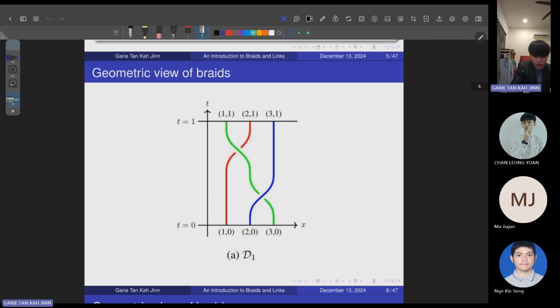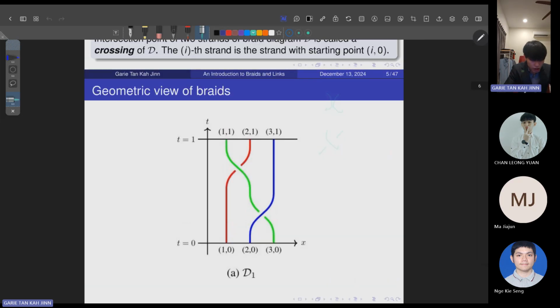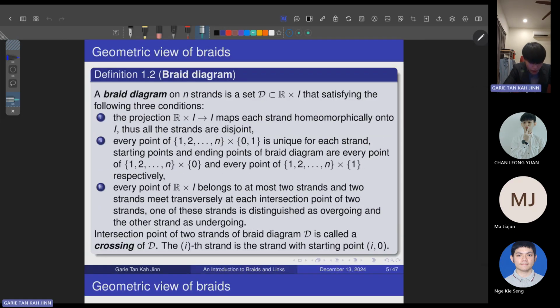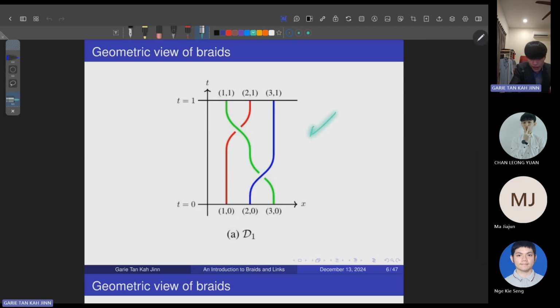At an intersection point, the strings meet transversely. What does transversely mean? It is exactly like this, whereas the negation of transversely is something like this, tangentially. For each point in this plane, it belongs to at most two strings. For example, here there is no string.